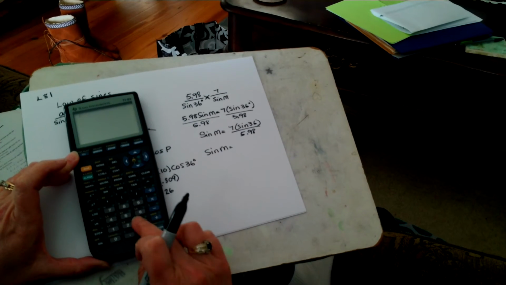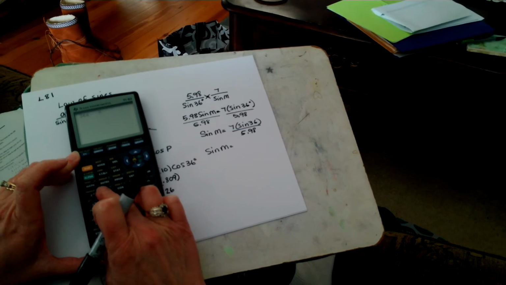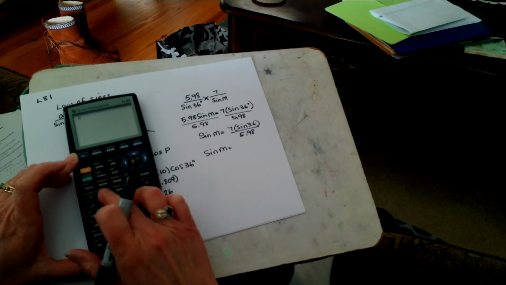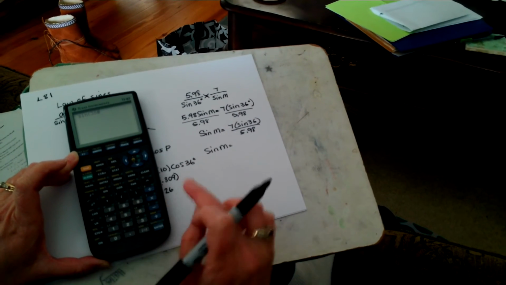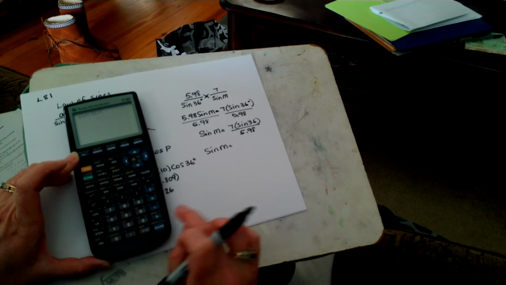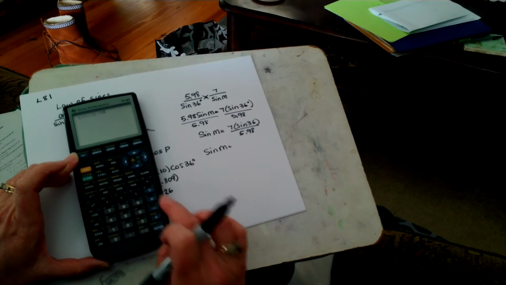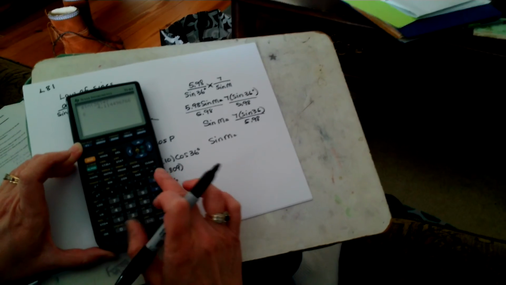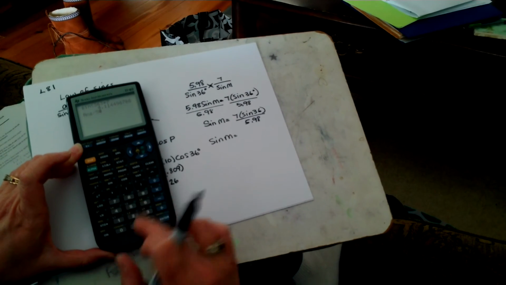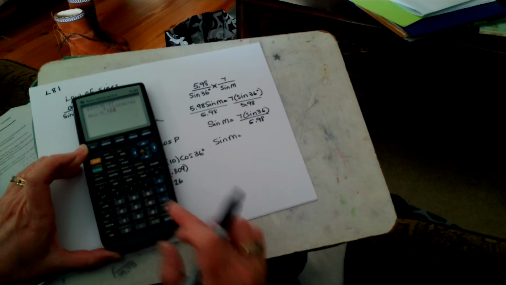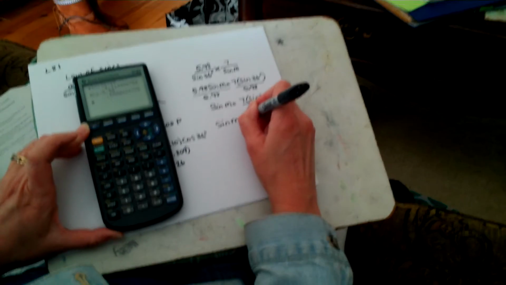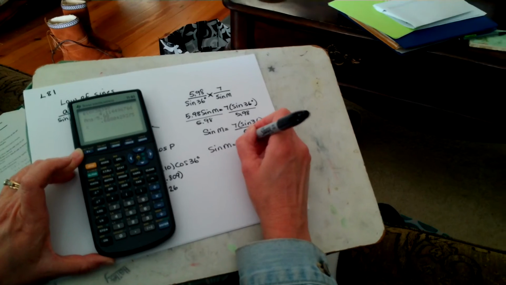So let's see if we can do this. 36 sine. I always do it backwards, my calculator's backwards. Times 7 equals, divided by 5.98 equals. So this is 0.688.